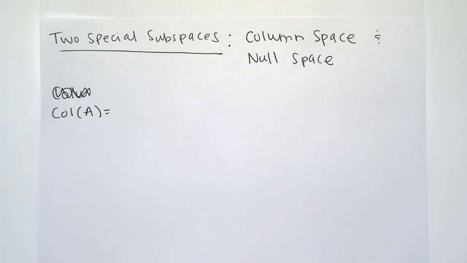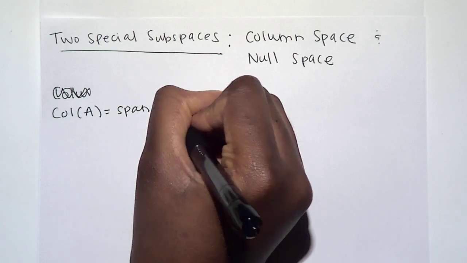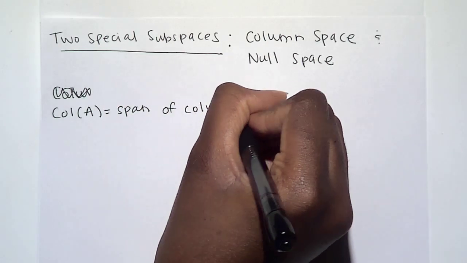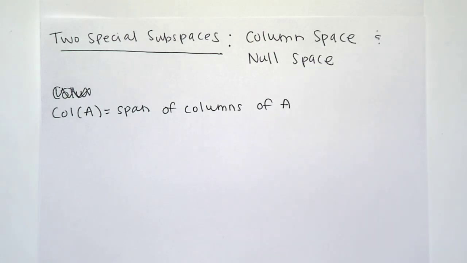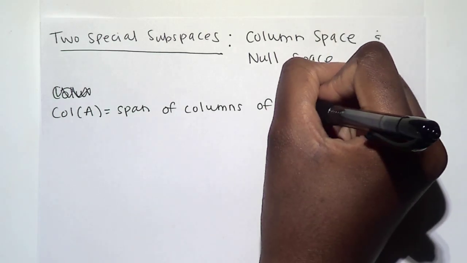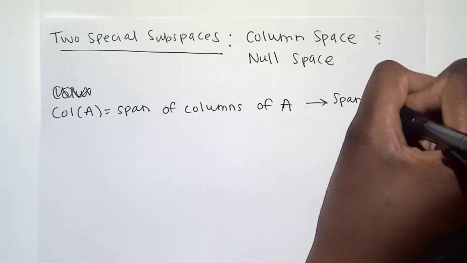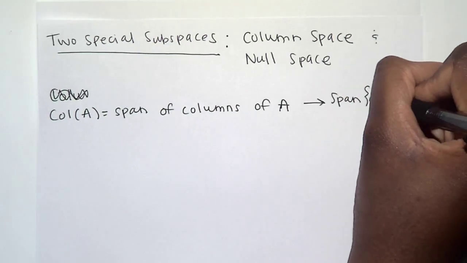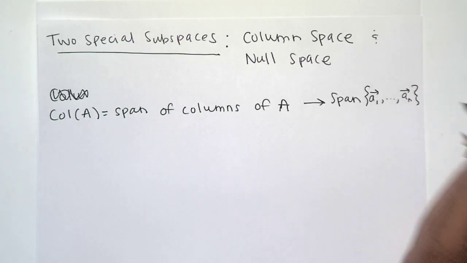This is just defined as the span of the columns of A. And so if you wanted to break down A into column vectors, it would just be the span of A1 to AN. All right, so just take the columns, do a span of it, that's the column space.